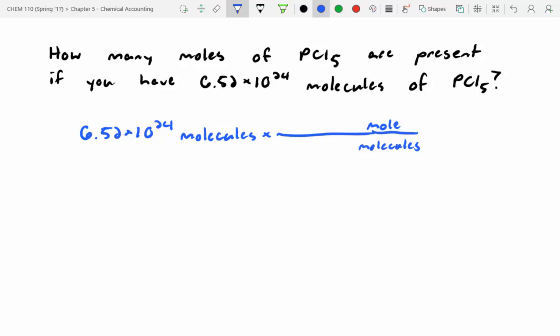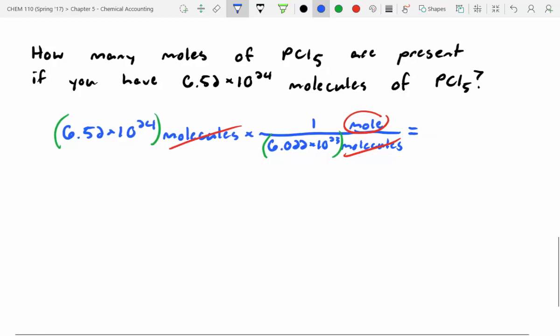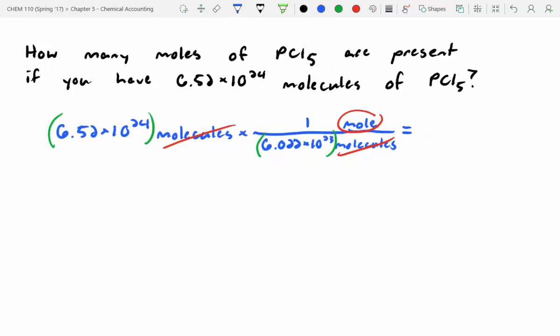And then same sort of thing. We need to plug in Avogadro's number, which would be 6.022 times 10 to the 23rd things for every 1 mole. And if you're having trouble with your calculator, make sure you put in these parentheses to keep track of things. We cancel out molecules, we're left with moles. What are you guys getting for this one? 10.82. 10.82.